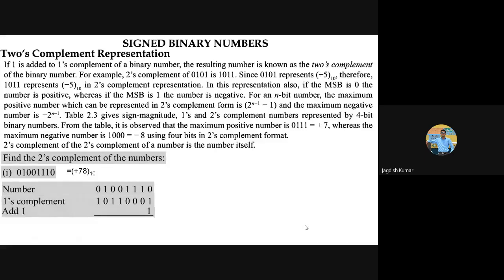And how to get 2's complement? You have to add 1 to the 1's complement of this number. For addition, what is the rule we have to follow? In the binary number system, if you add 0 to 0, the output will be 0, and there will be no carry. If you add 1 to 0, you get 1.